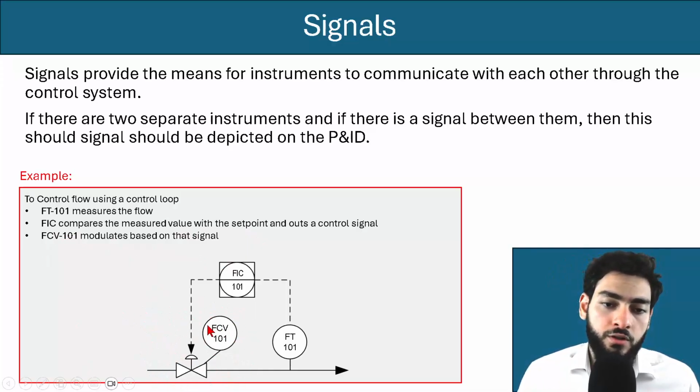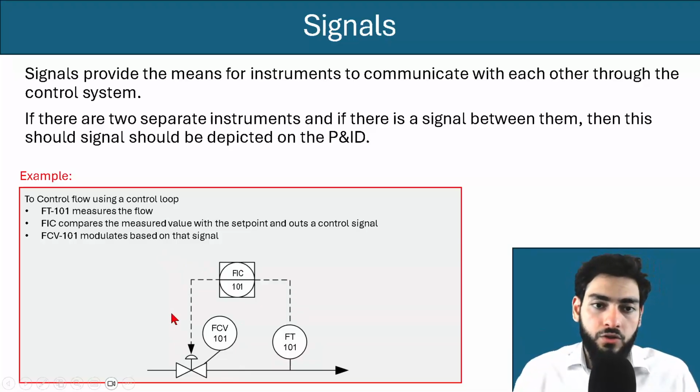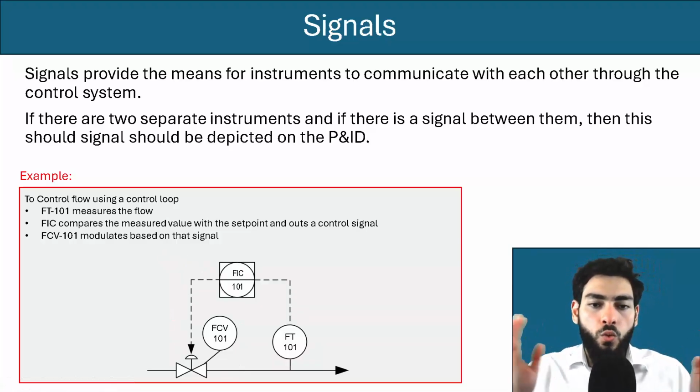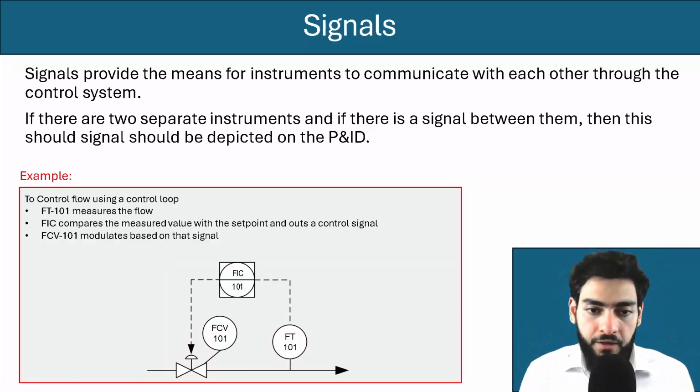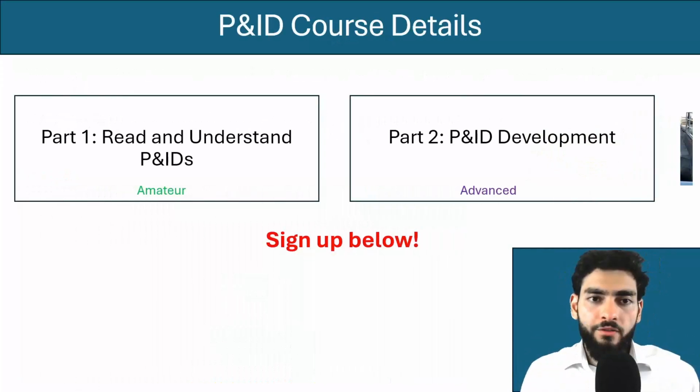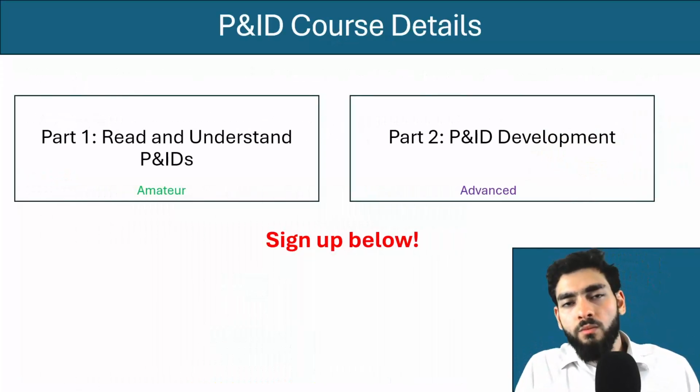Then the valve modulates the flow based on the signal that it received. So this is an example of one control loop that you can have to control flow rate in your piping, for instance.